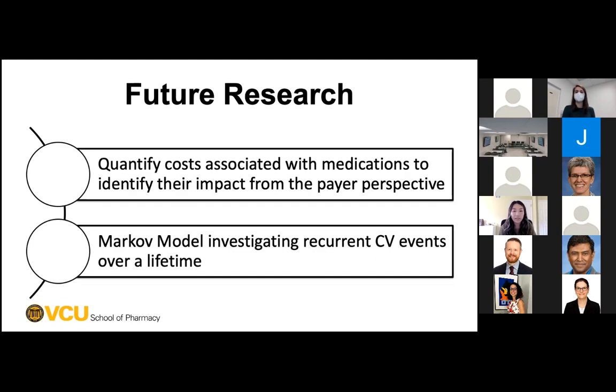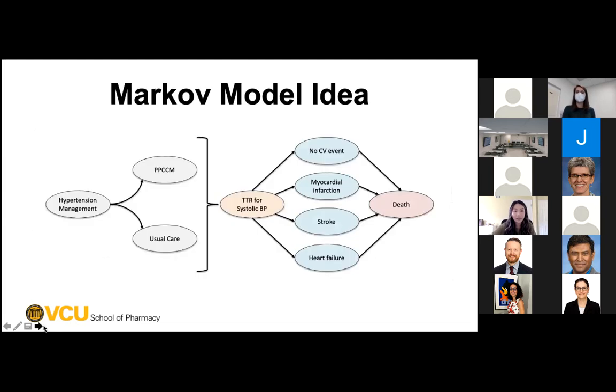For my current plan for my thesis, I actually just finished building the Markov model. And this will be in addition to the cost effectiveness model. And then this will hopefully strengthen my findings that PPCCM is more cost effective than usual care in hypertension management. So this is the Markov model that I built. The theory behind it was that using a decision tree analysis undervalues pharmacist services.